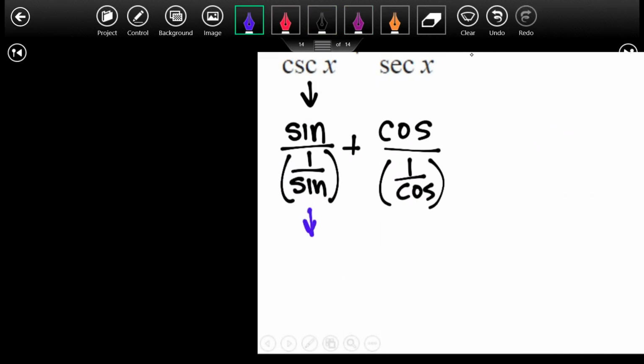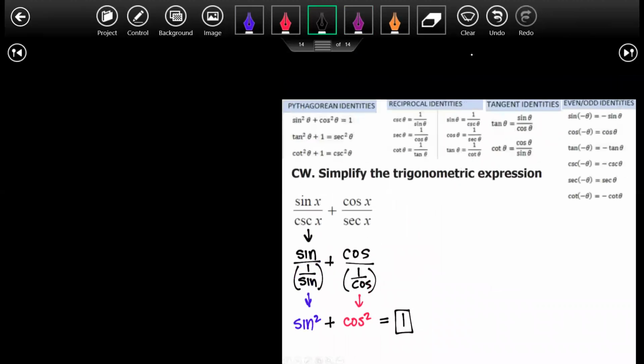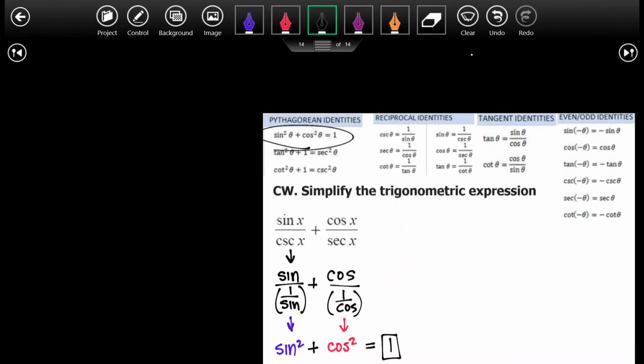Multiplying by its reciprocal, I'm going to get, multiply by the reciprocal. Identity comes out. Look at your Pythagorean identity. Right here. We're going to have this exact thing.